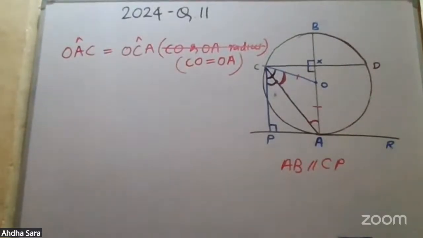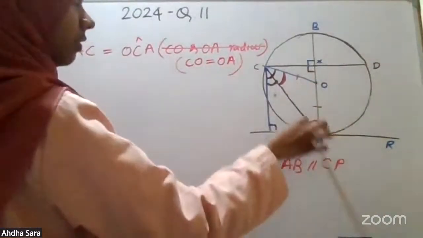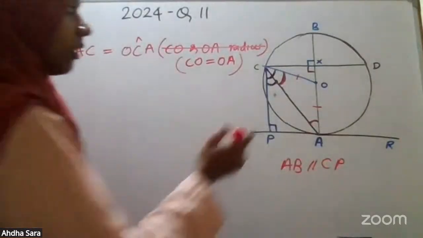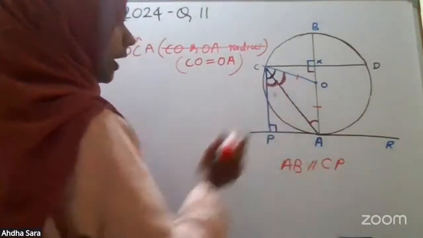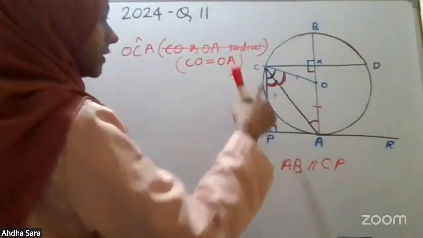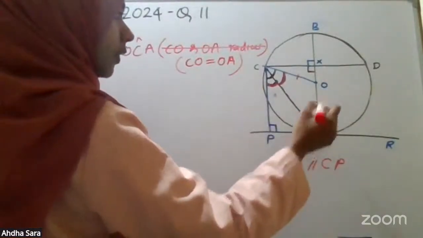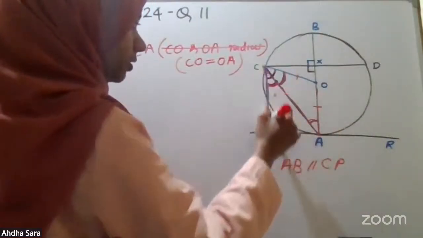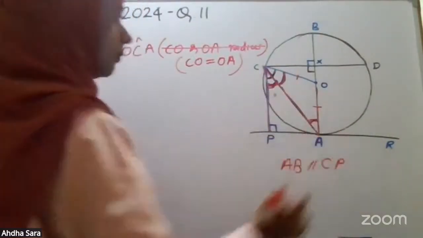So from here you can get an alternate angle. The angle OAC will be equal to the angle ACP. This is the alternate angle.